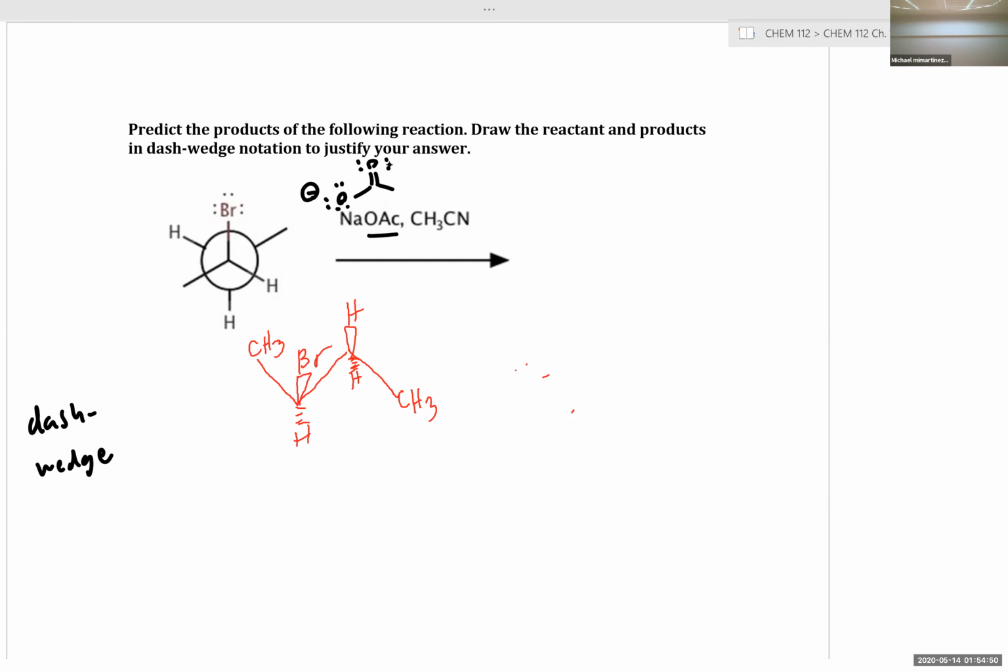Yep, that looks fine so far. Oh, and you're even drawing the mechanism. Perfect.